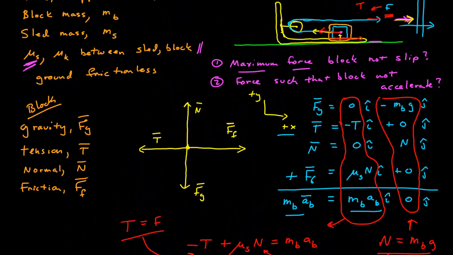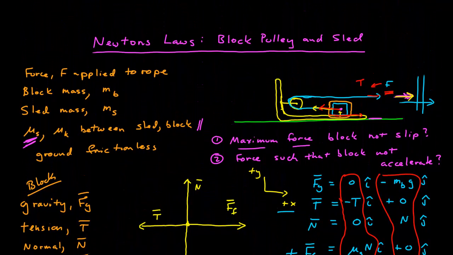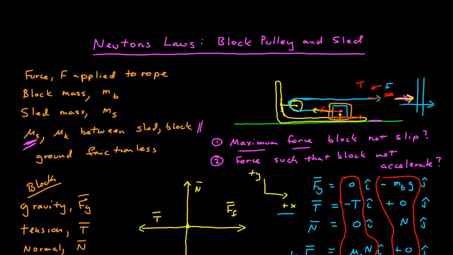Now I remember when I did 2 blocks before that I could look at the entire system as one object, as long as its components don't move relative to each other. So the condition that the block does not slip means that the sled and the block don't move relative to each other. So I can look at this entire system as an object. That's one reason why I wanted to do this, to see how powerful that is.